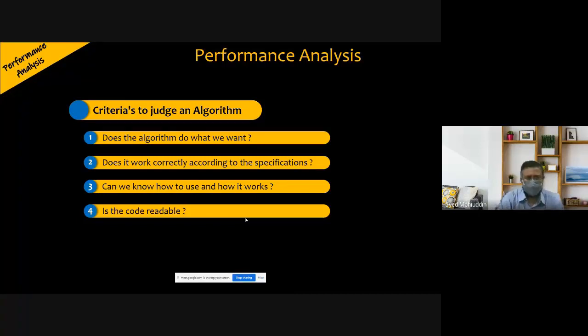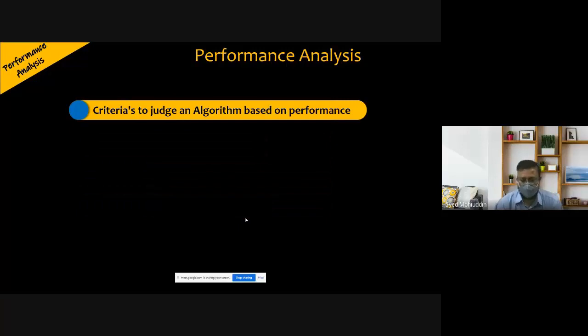These four criteria are well and good when software is developed, a program is written, or an algorithm is devised. But in this subject, we are not concerned with these criteria. This is about software engineering, not part of design and analysis. We are concerned with other criteria which affect the performance, based on which we can judge the performance.